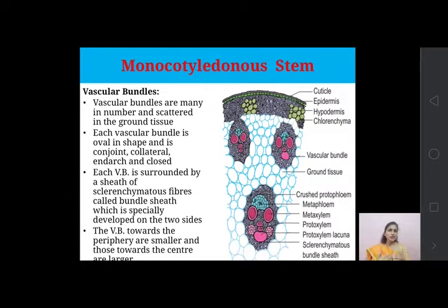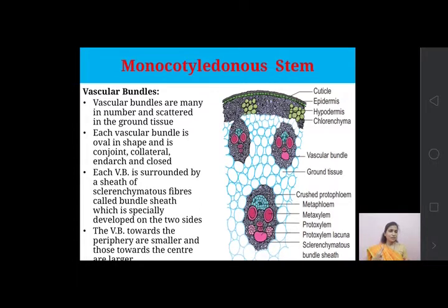Each vascular bundle is many in number and they are scattered in the ground tissue. Each vascular bundle is somewhat oval in shape, as you can see in the picture, and is conjoint, collateral, endarch and closed type. You also know what is meant by endarch and exarch condition. In the case of root, you see the exarch condition, and in the case of stem, you see the endarch condition. It depends on the position of the protoxylem.